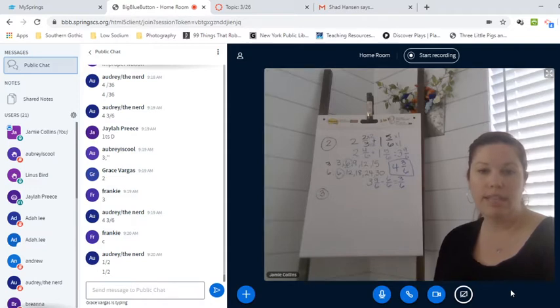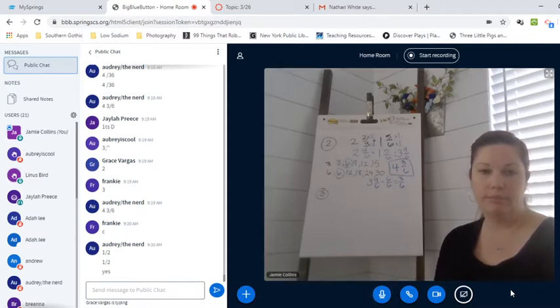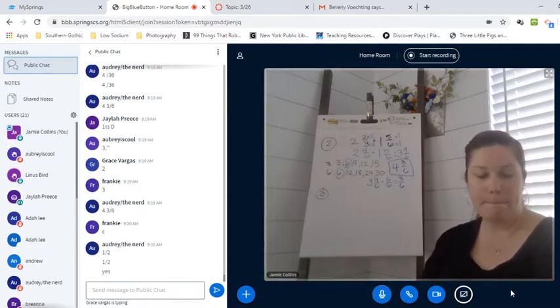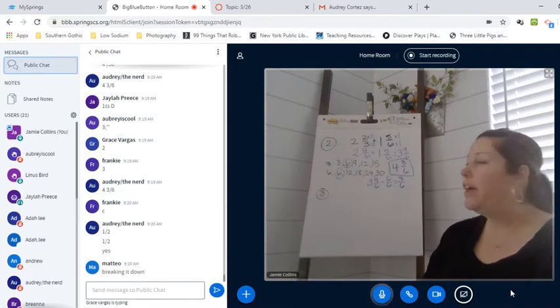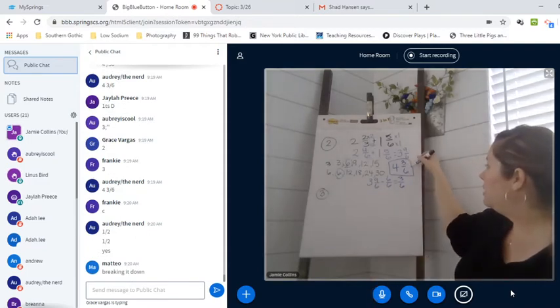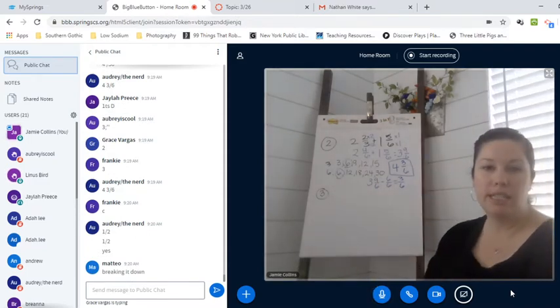Mrs. Collins? Yes, Linus. What does that mean? What does what mean? I've never heard of that word before. Simplified? Yeah, what does that mean? Simplified means that this fraction is not in its smallest term. And so simplified means putting a fraction into its smallest term.